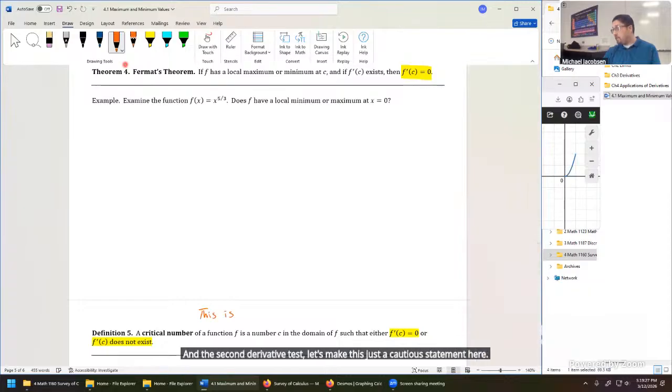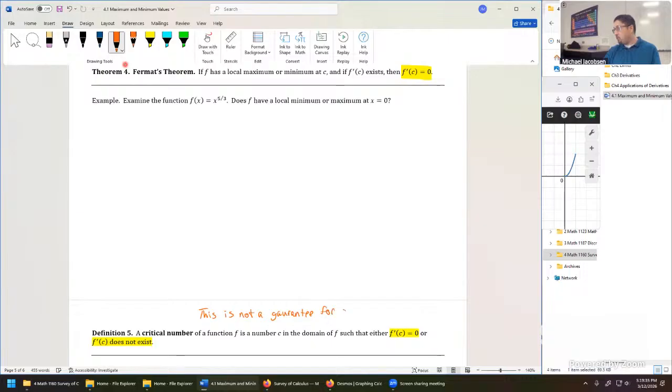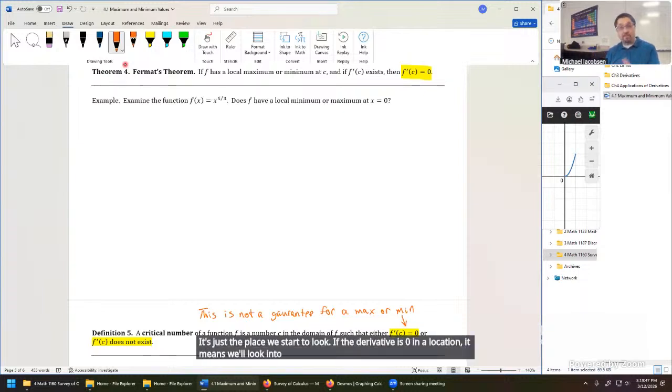This is not a guarantee for a max or min. It's just the place we start to look. If the derivative is zero in a location, it means we'll look into that location even closer to see if we can determine if it's a minimum or maximum, but it could be neither.